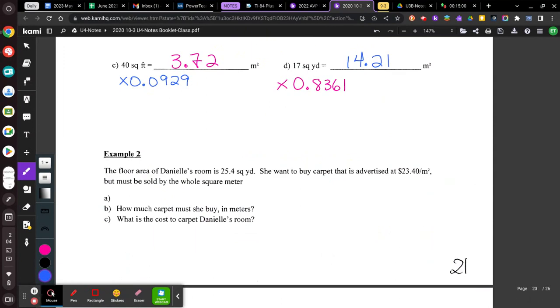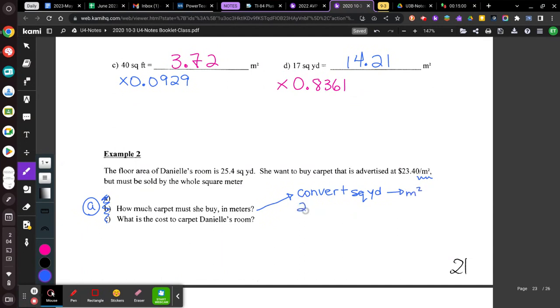All right, so the first one says, example 2, the floor area of Danielle's room is 25.4 squared yards. The carpet she needs is advertised in meters squared. So first of all, we need to find out, A, how much carpet does she need to buy in meters squared? So we got to convert. Here we are converting squared yards to meters squared.